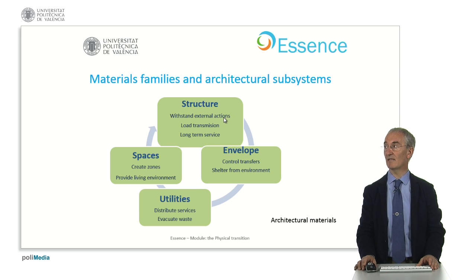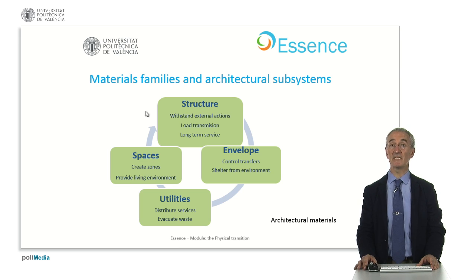The different elements are providing constraints from the structure. We have to withstand external action, transmit loads, and provide long-term support over 50 years. All these are integrated with the envelope, because this is what's isolating us from the exterior, sheltering us from the environment, and also controlling the transfer of thermal, light, humidity, water, and so on, constraints to the buildings, and housing utilities, distributing the services and evacuating waste, and defining spaces.